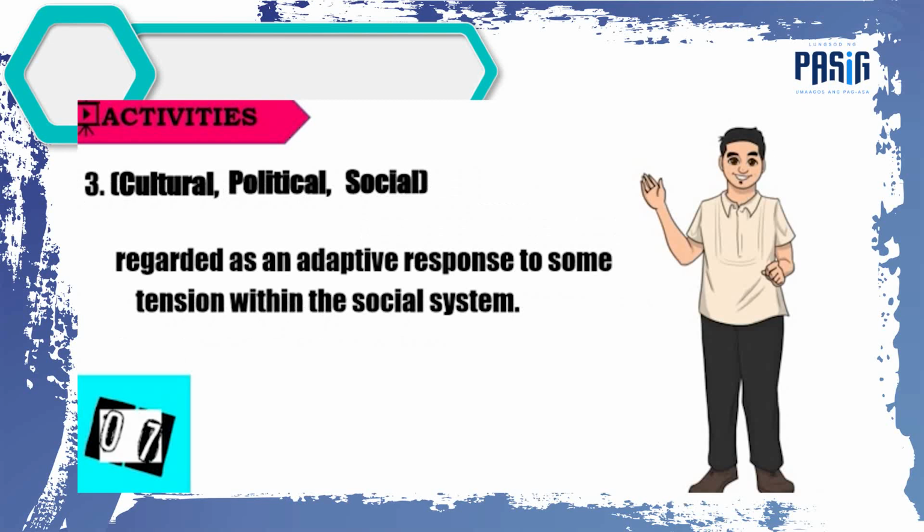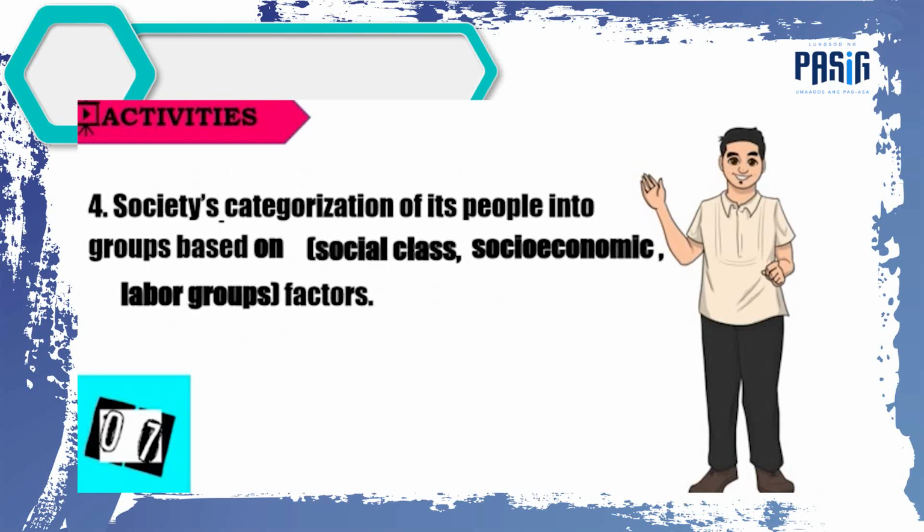Number 3. Blank regarded as an adaptive response to some tension within the social system. The correct answer is cultural. Number 4. Society's categorization of its people into groups based on blank.